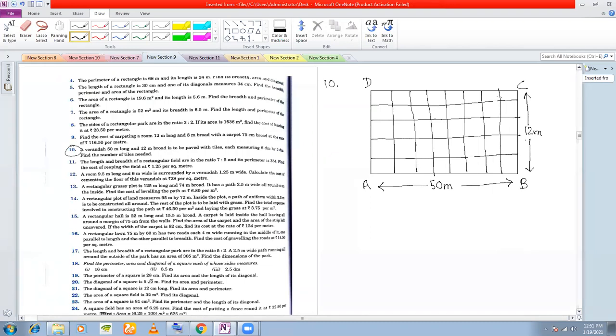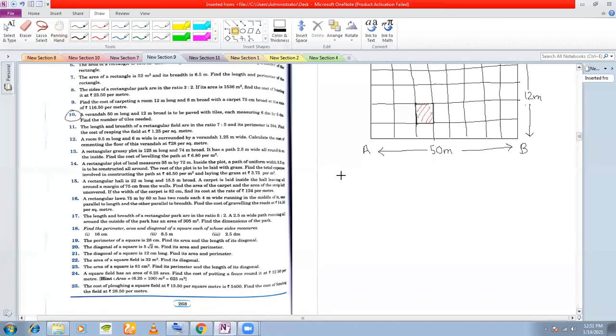Let us consider a particular tile here, say PQRS. The length of this tile is 6 decimeter and the breadth of this tile is 5 decimeter.